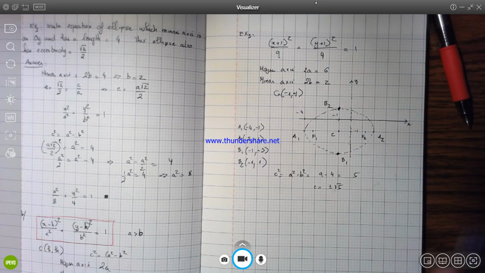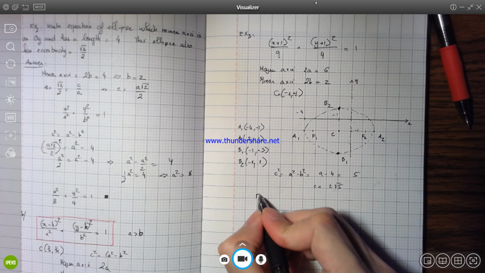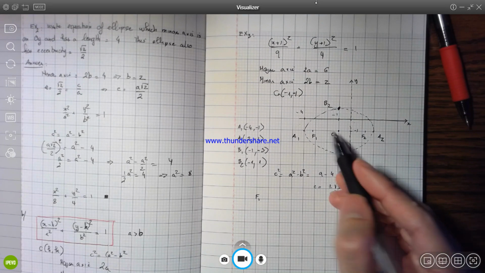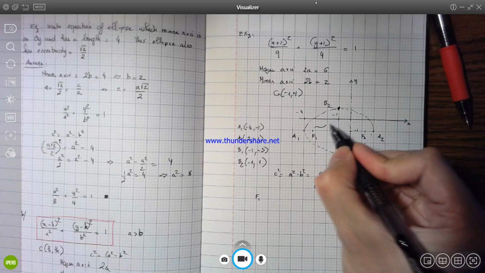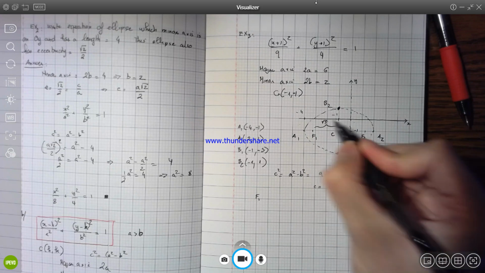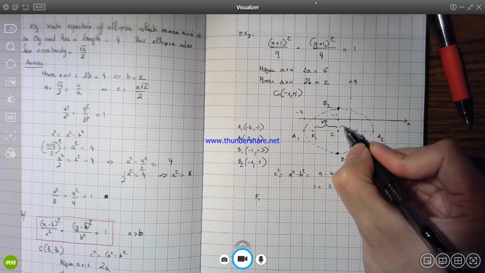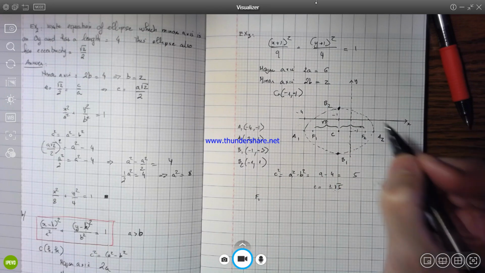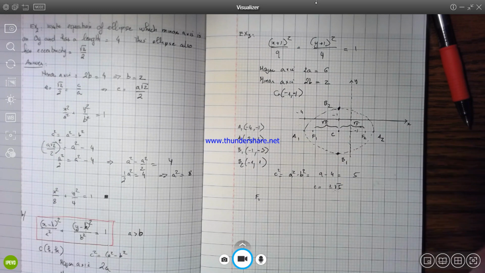But when you write the coordinates, it will be different. So F1 will be what? From here to here is square root of 5. From here to here is also square root of 5. I'm talking about the distance. But the coordinate will be what?